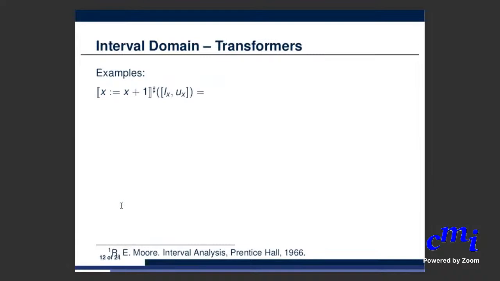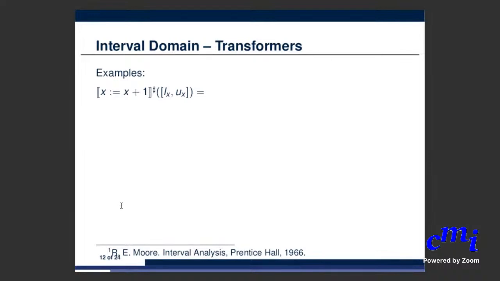So take an example, x is equal to x plus 1, okay? So this denotes the abstract transformer corresponding to this particular construct. So if my value of x in the abstract domain was this interval prior to executing that assignment statement, with some lower and upper bound, Lx and Ux.